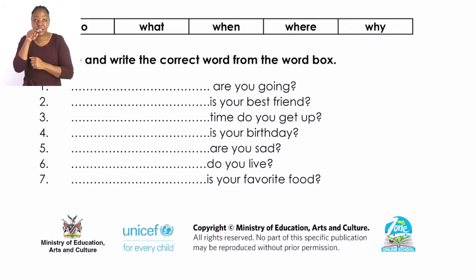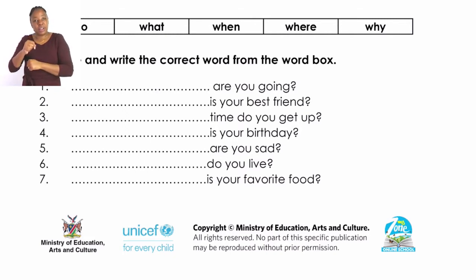Let's move to number 5. Number 5 says, dash are you sad? Now, this seems like it's asking for a reason, because we are noticing that someone is sad. So we want to know, why are you sad?